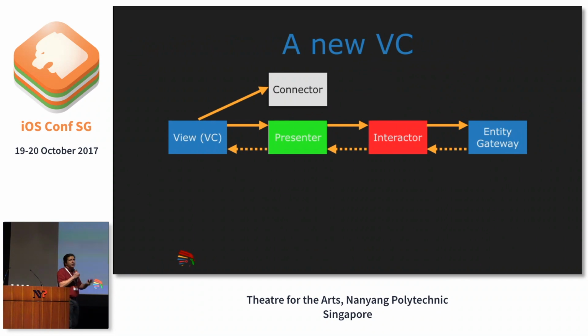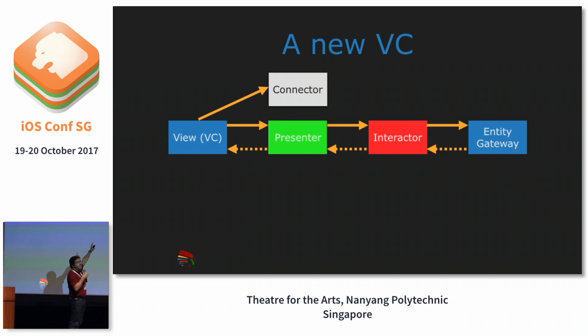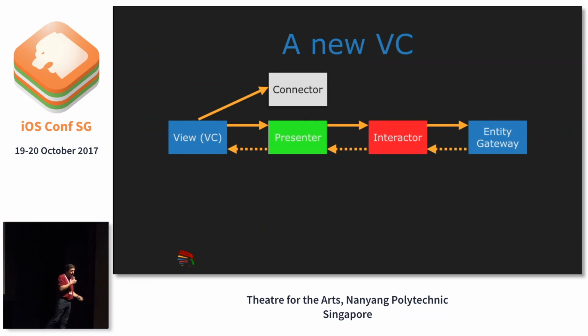Okay, so let me show you how this will work. This could be the first view controller of our application, and the view, which includes the view controller, is connected to a presenter that will take the decisions, an interactor that implements the business logic, and a representation of the form that we have chosen to use in order to have persistence in our application.